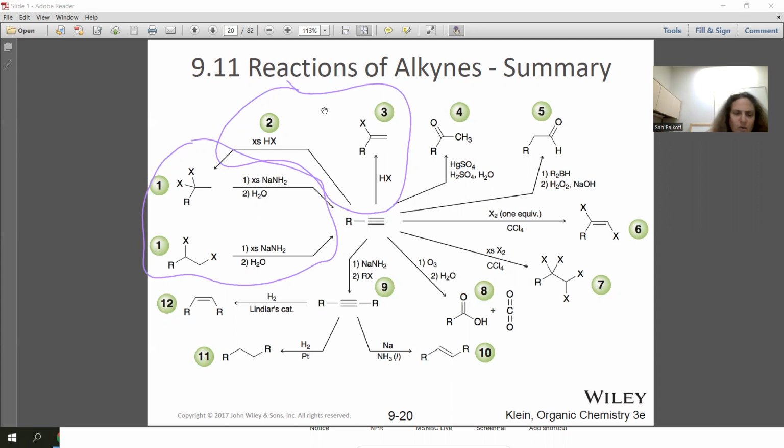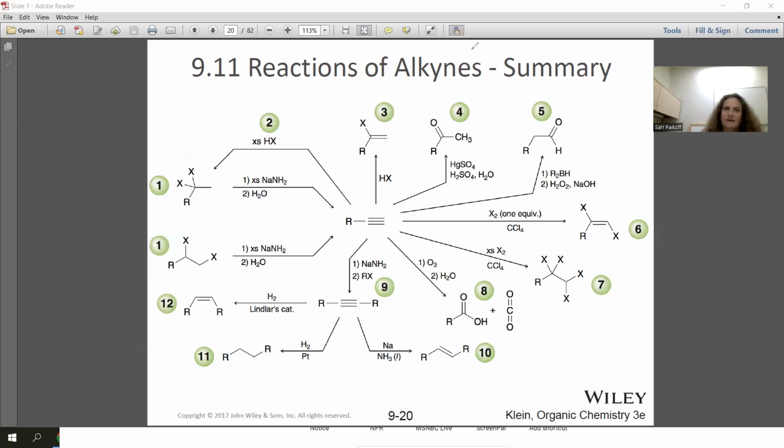And we went through all of these possibilities of adding to this alkyne. We talked a little bit about doing the substitution. We'll talk more about that later in the next lecture or something like that. But again, we now have to do this last set of reactions and also discuss alkynes as a nucleophile in my next video.